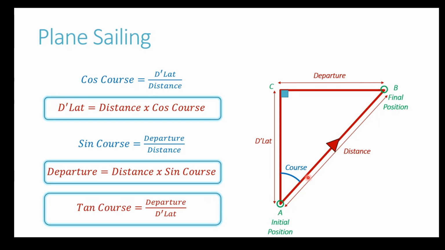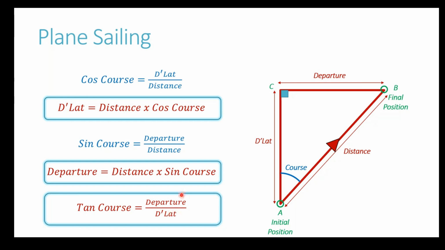In case both the positions are known to us, you can easily find out the course and distance also. If both positions are known, you can calculate the d lat. You can also calculate the d long, which can be converted into departure.